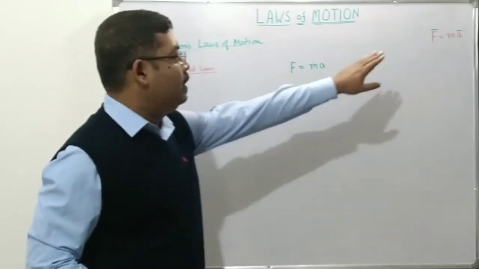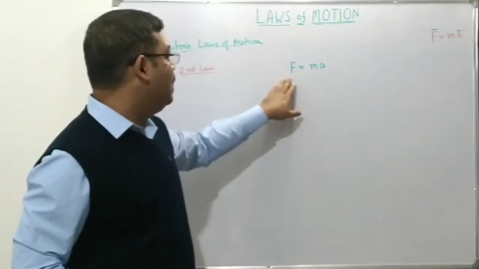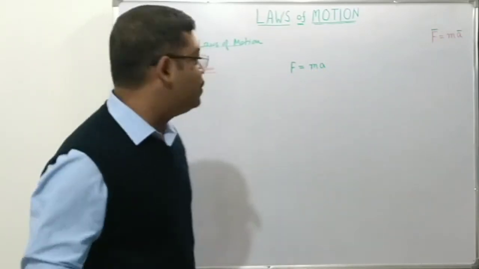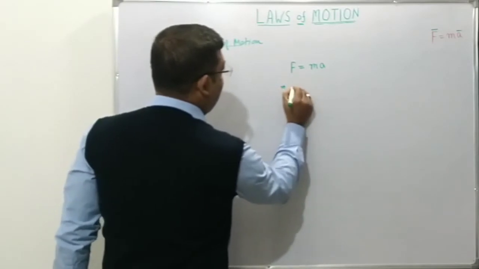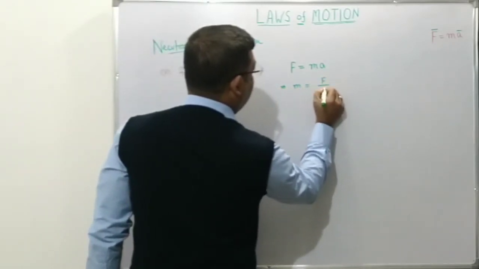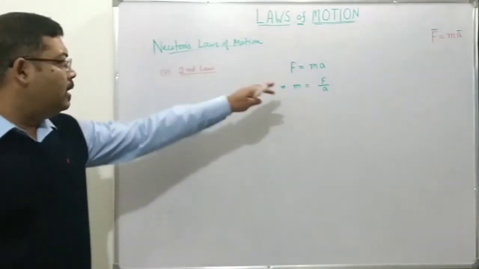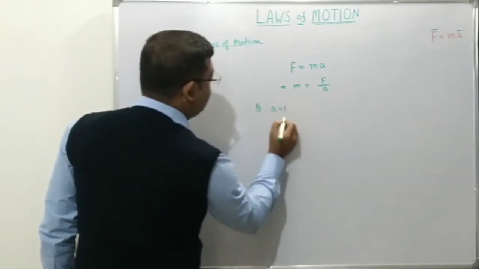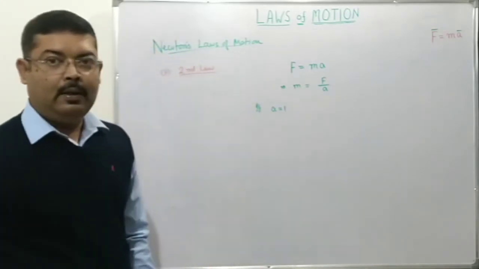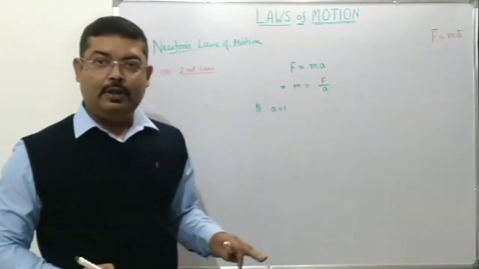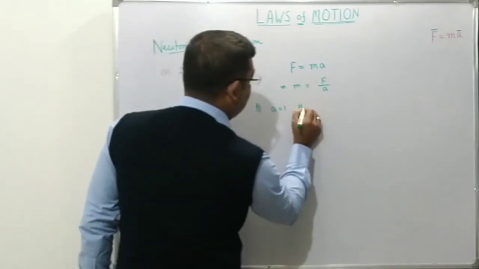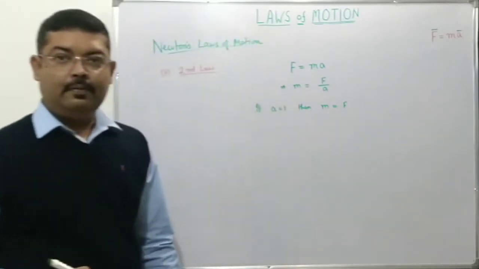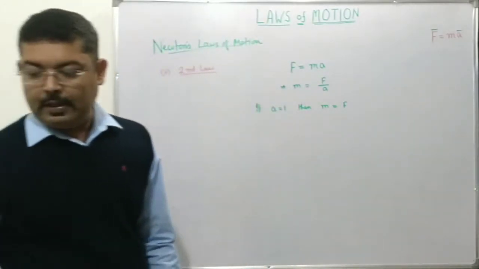Now, coming back to the magnitude of this equation, F equal to ma. Magnitude of force is equal to mass times the magnitude of the acceleration. Or we can simply say that m is equal to F by a, just rearranging. Now, if a equals 1, that is, if the acceleration produced is 1 unit, then m becomes equal to F. Right?